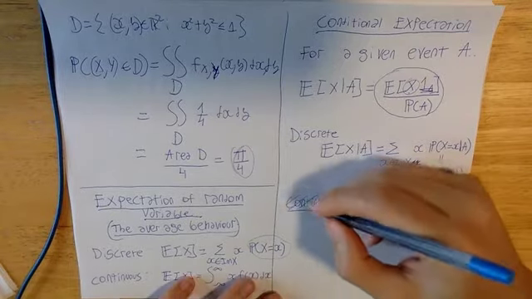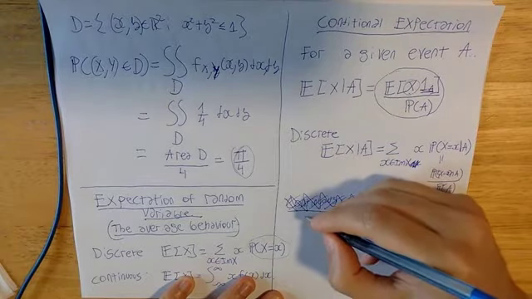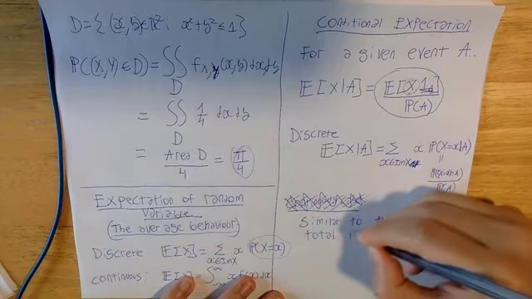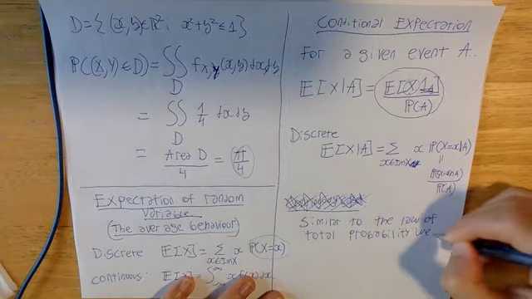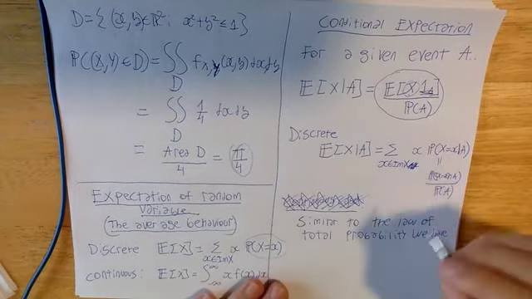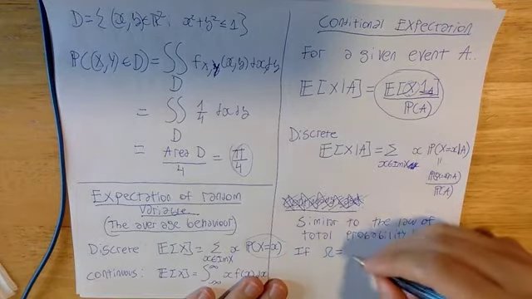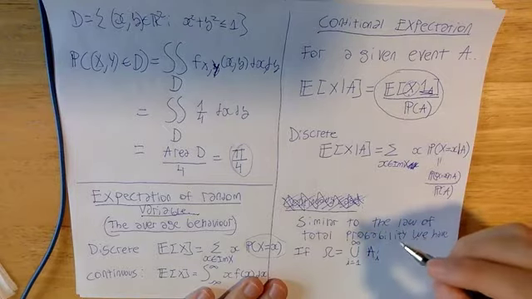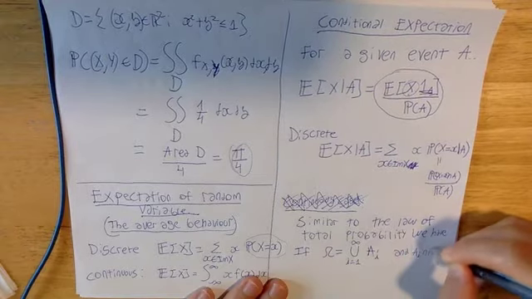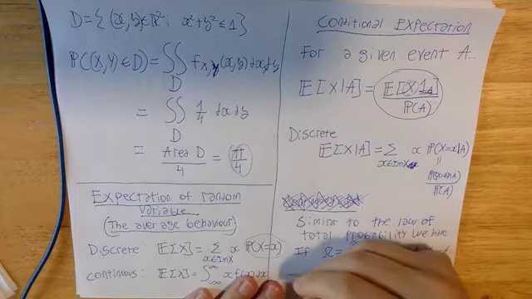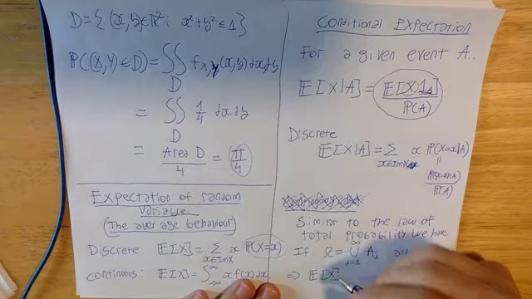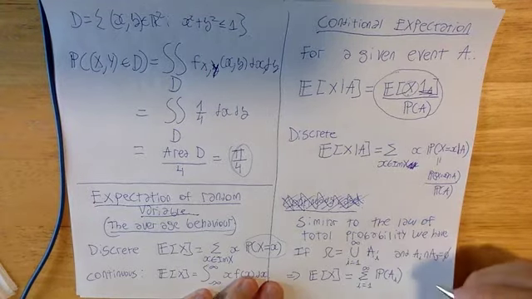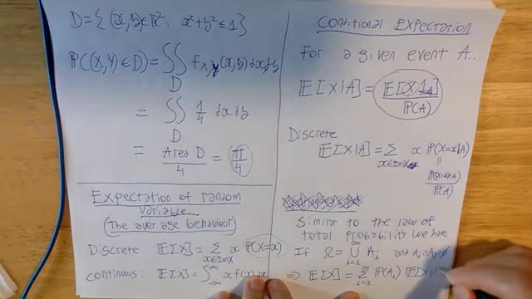Okay, following, similar to the law of total probability, we have that if omega can be separated as the union from i equals 1 up to infinity of A_i, and A_i intersection A_j is equal to the empty set, then the expectation of x can be written as the sum from i equals 1 up to infinity of the probability of A_i times the expectation of x given A_i.